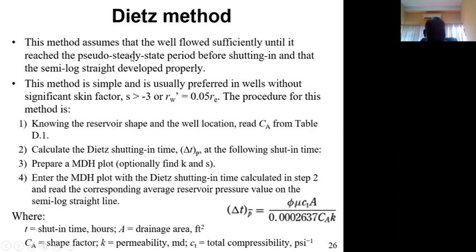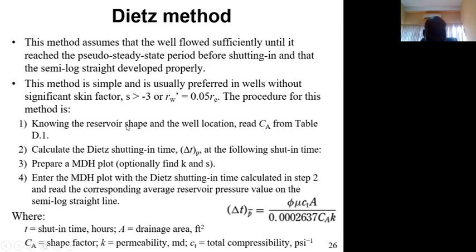Of course, you know that is the assumption on which the MDH method is based. Usually, it's preferred for wells with very little damage, I think somewhere between a skin of 3 and -3. And then this is the procedure.